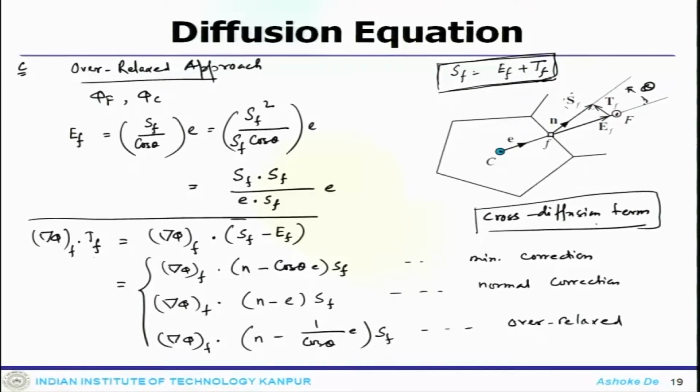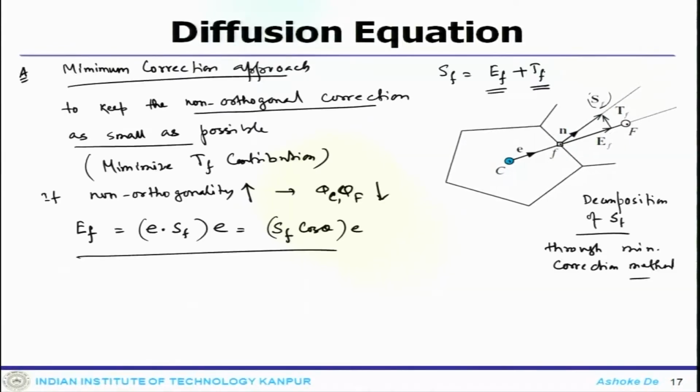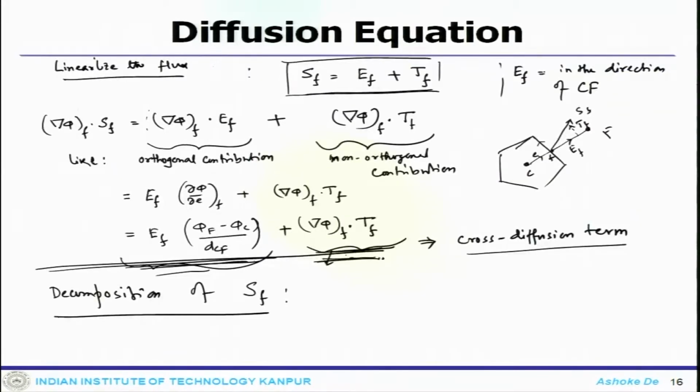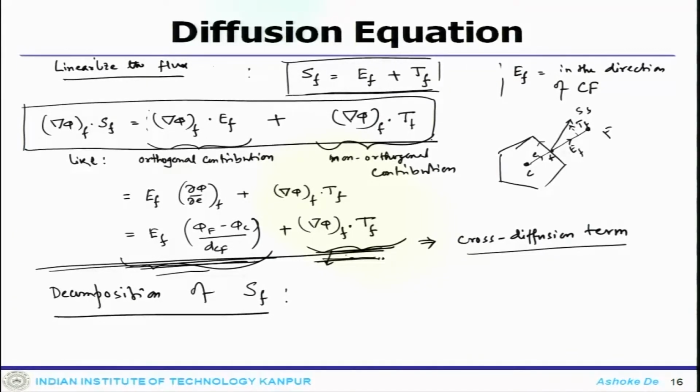So, instead of going directly to calculate delta phi dot, if you go back and see, there are two components for my flux discretization. One is our orthogonal contribution, which can be directly computed using the information of the connecting cells and the distance between these two cell centers, and then there is a contribution which comes from the cross diffusion term.